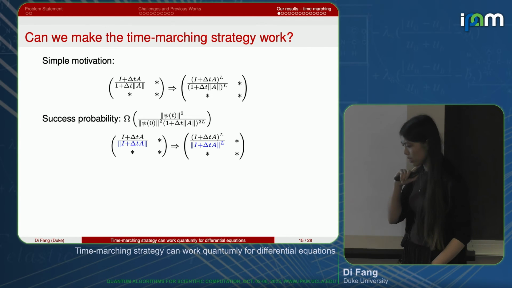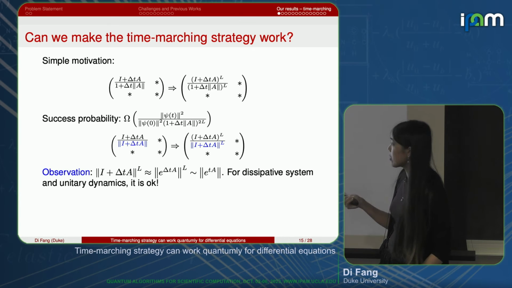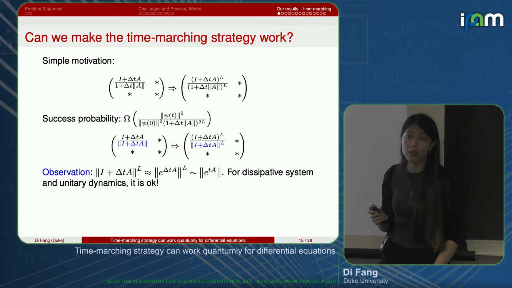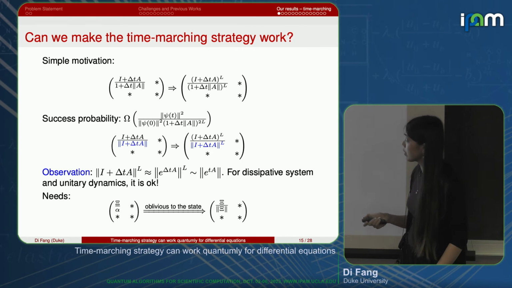However, an immediate observation would be that instead of getting this, if I get almost the actual best subnormalization factor you can possibly get, and then you raise it to the L's power, maybe it's not so much of a problem because it approximates the whole thing. If this is unitary, then it's equal to 1, if it's dissipative, then maybe it's bounded by 1, or by a certain constant, then you are okay. So these are really the ideas that we would like to explore and see how far they go.